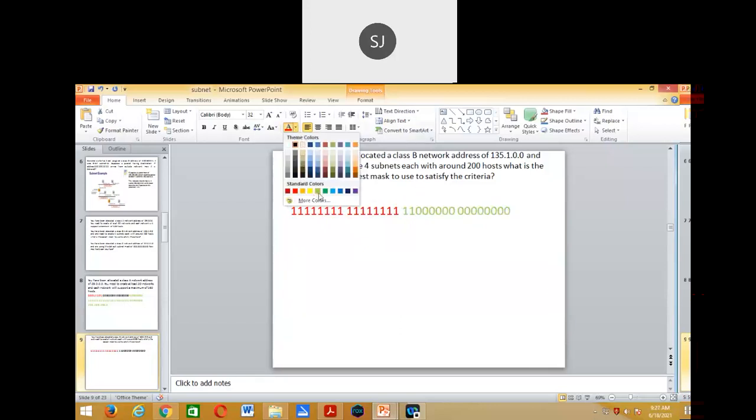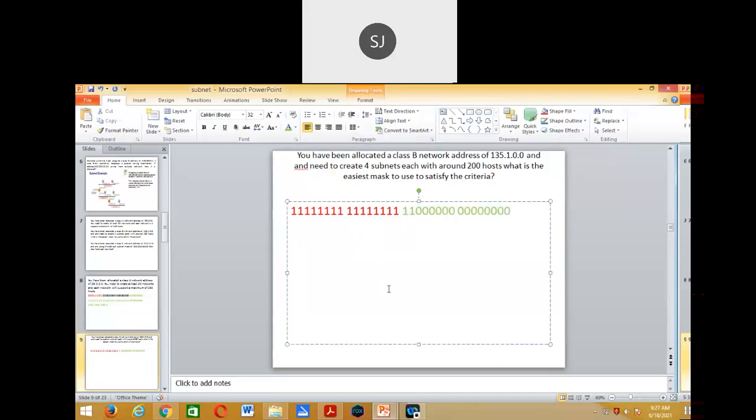Now we need to create 4 subnets. Among the 16 bits used for host ID, I am using 2 bits because I need to address only 4 subnets. So these 2 bits I am using for subnet ID, and the remaining bits I am using for host ID.